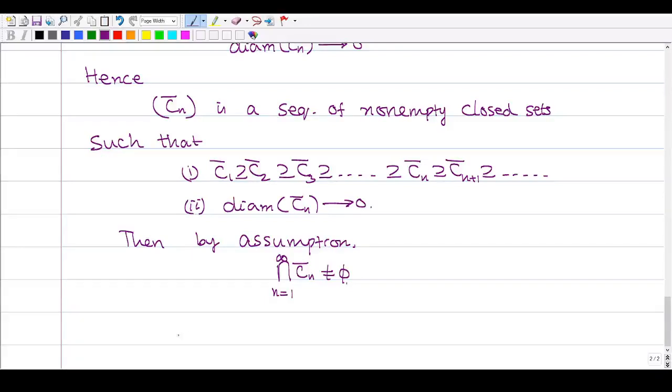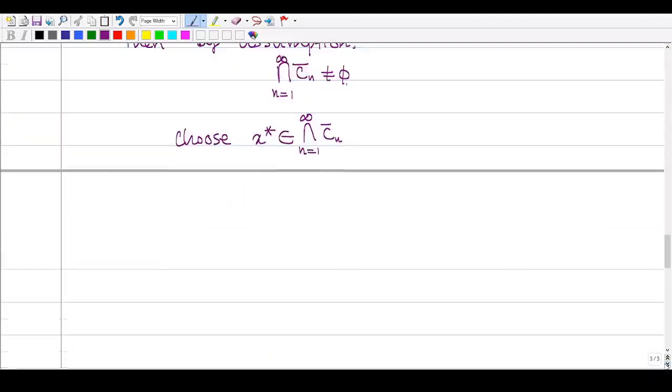So choose x star belongs to the intersection of n equal to 1 to infinity of Cn closure. That's all, very simple.